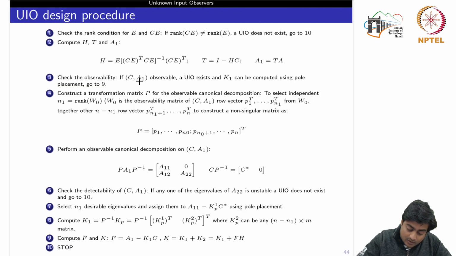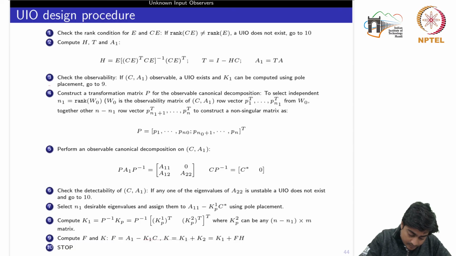If this pair A1, C is observable, we can directly compute this K1 using the pole placement technique, or either of the methods we had discussed earlier. And finally we compute this F and K matrix, and then we can stop the algorithm.